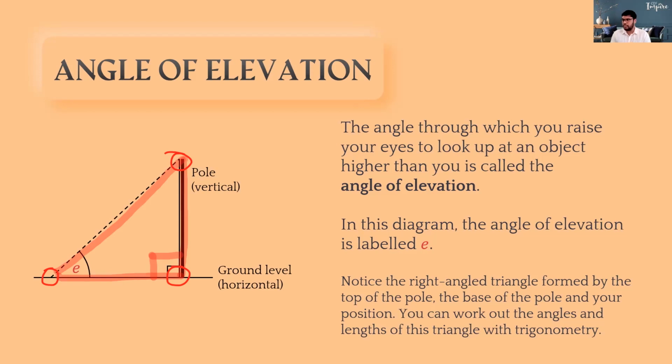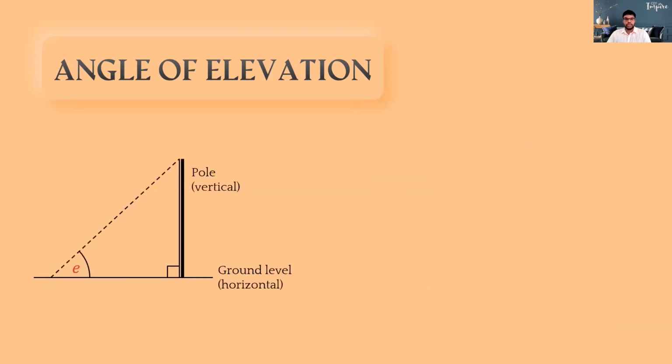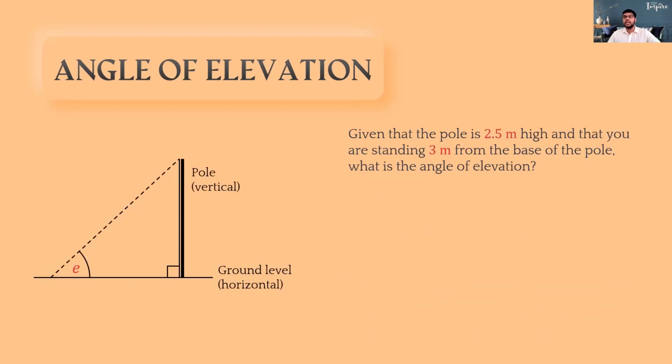Now let's look at an example using angle of elevation. I'll use the same diagram. Imagine the pole is 2.5 meters high and you are standing 3 meters from the base of the pole. What is the angle of elevation? Let's mark those values.